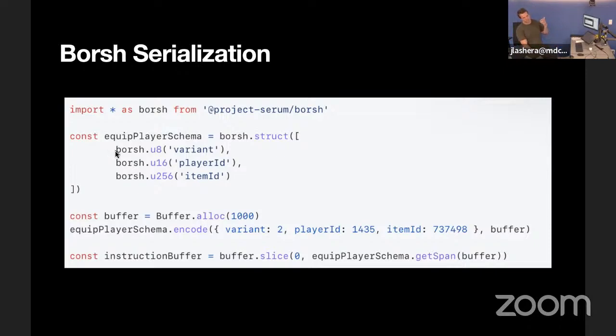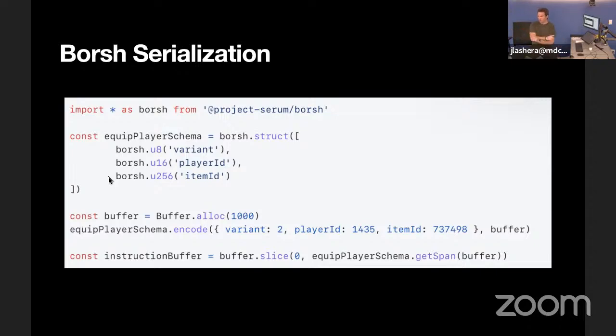So you come here and you say what type each of these is. We're going to send a byte array that represents a struct that has properties for the variant, player ID, and item ID, which are an unsigned 8-bit integer, an unsigned 16-bit integer, and an unsigned 256-bit integer, respectively. Order does matter here. The order you put this in is the order that the data will get put into the byte array.